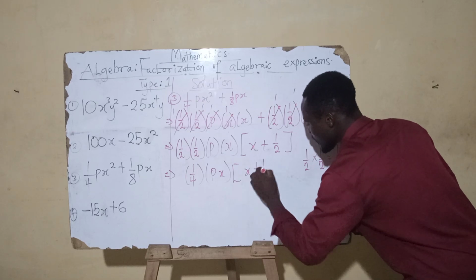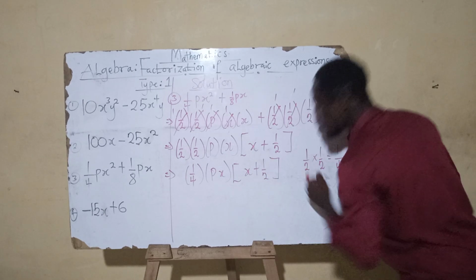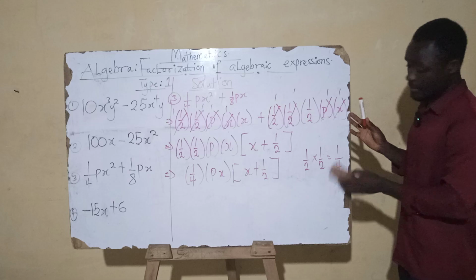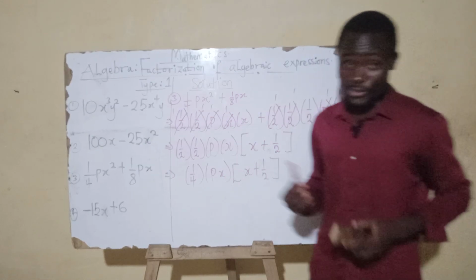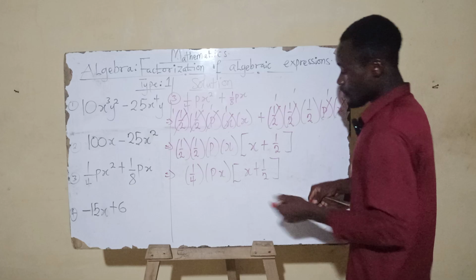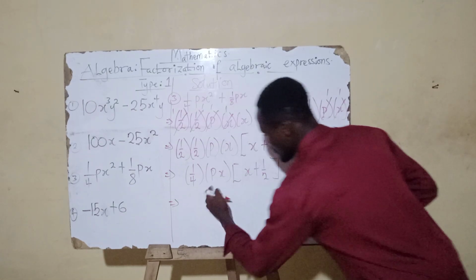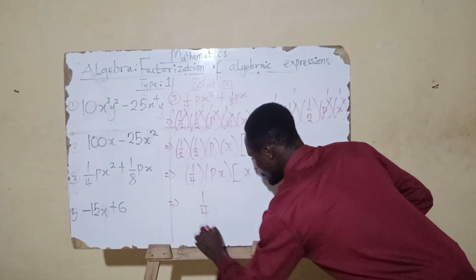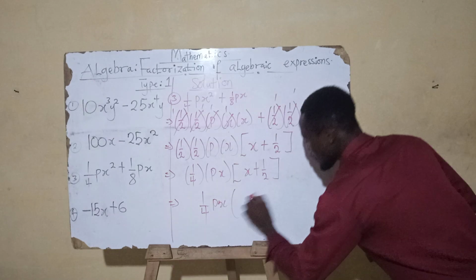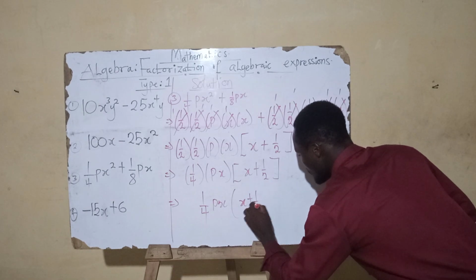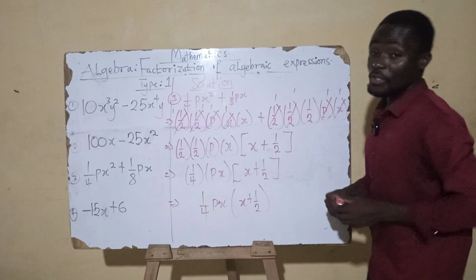I'm getting x plus half. So that's what I'm getting. I am not done. Let me conclude my answer well so that you understand the procedure. My final answer, if I multiply this, I'm going to get 1 out of 4 px, and I'll open my big bracket, x plus 1 out of 2. So this is what we are getting.